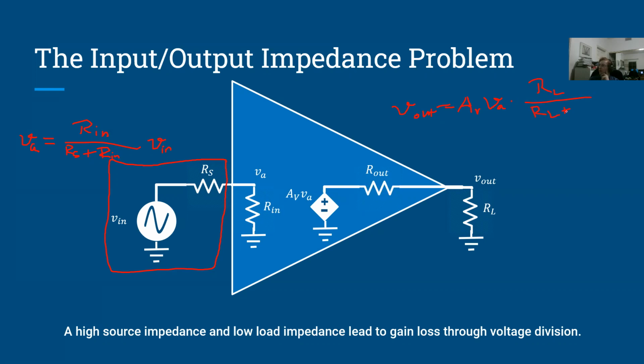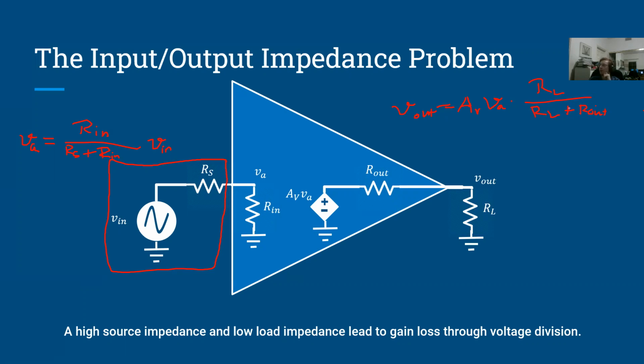And you can see if RL is very small, then Vout just kind of goes to 0. That's not great. But usually we can't do anything about RL. It is what it is.